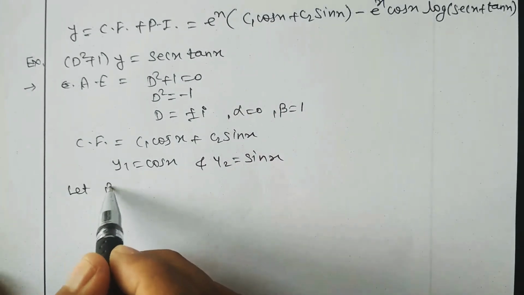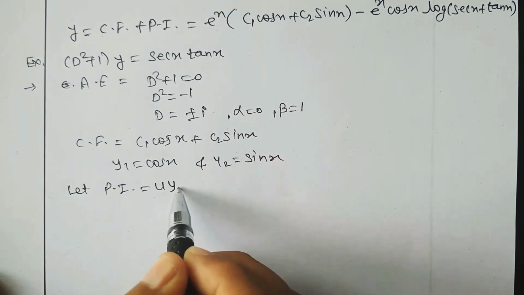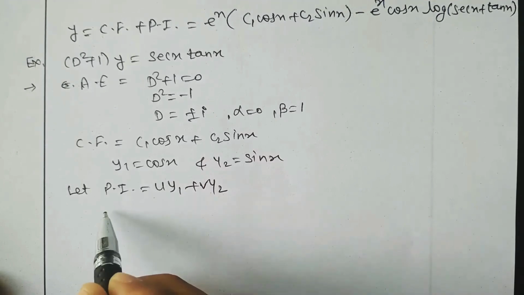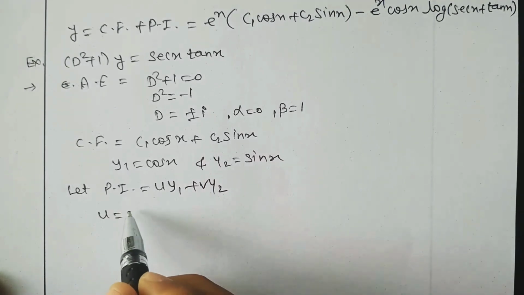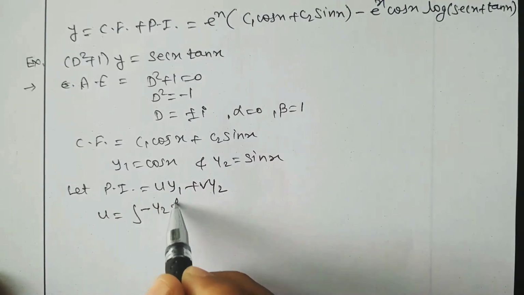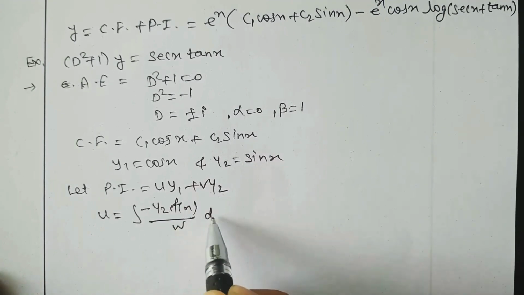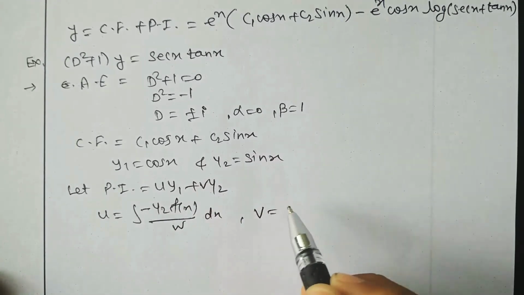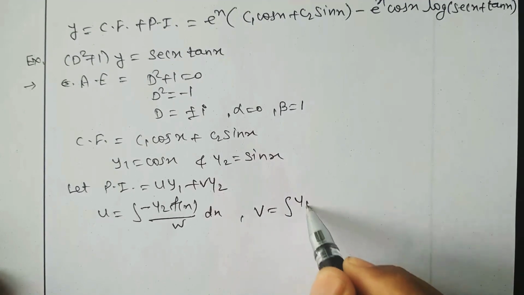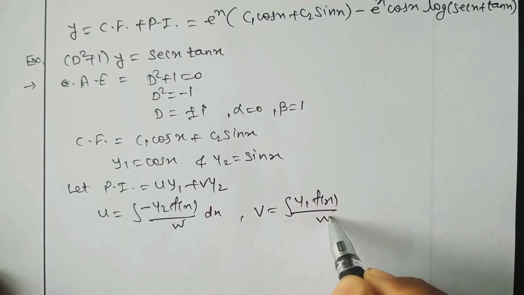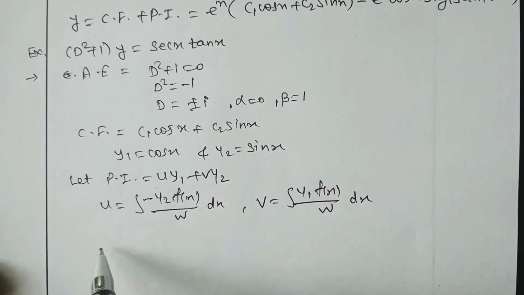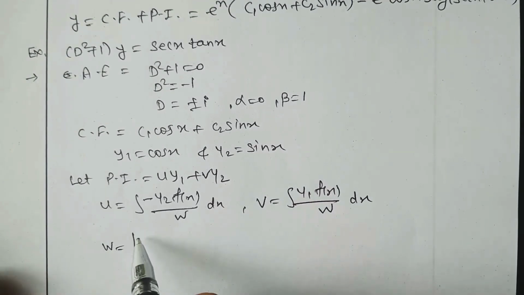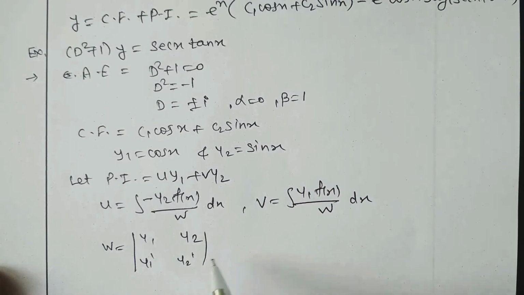And PI is uy1 plus vy2, where the value of u is calculated from the formula integration of minus y2 f of x upon w dx, and the value of v is calculated by using the formula integration y1 f of x upon w dx, where w is the determinant of y1, y2, y1 dash, y2 dash.